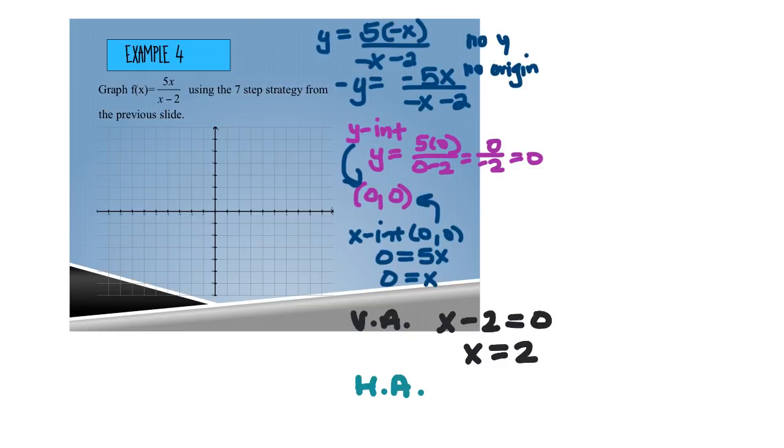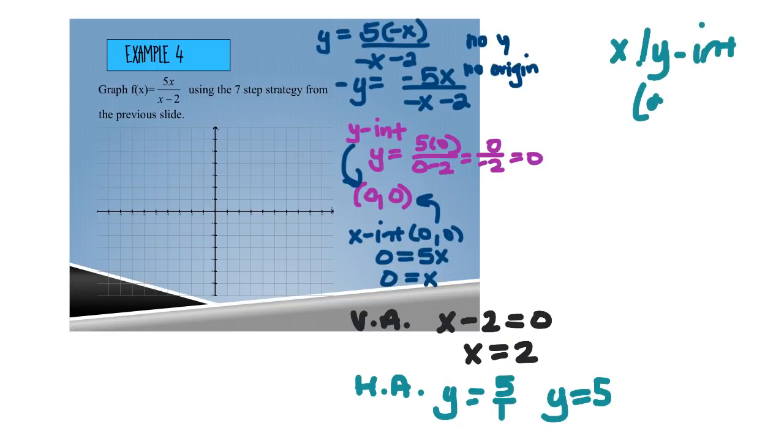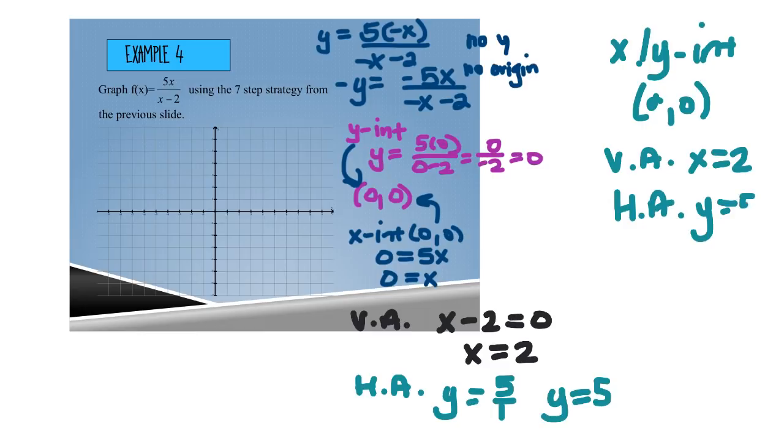So this is the scenario where you're dealing with the leading coefficient in the numerator, which is 5, over the leading coefficient in the denominator, which is 1. And I get y equals 5. So I have no symmetry. I have both an x and a y-intercept at 0, 0. I have a vertical asymptote at x equals 2 and a horizontal asymptote at y equals 5.